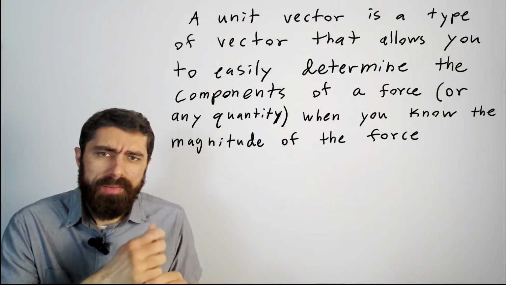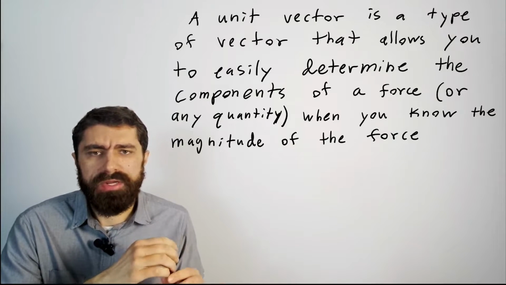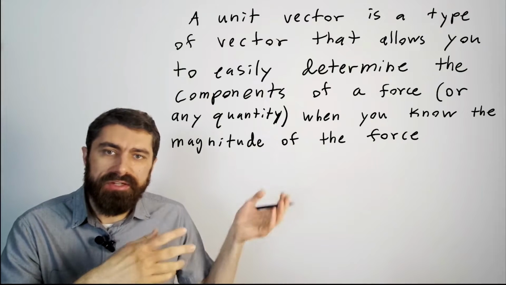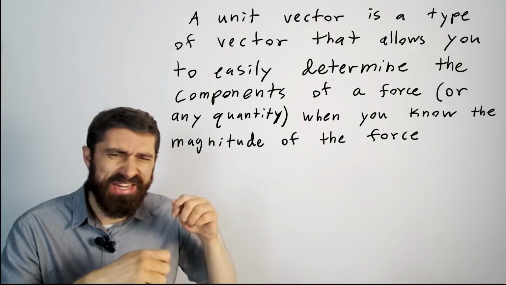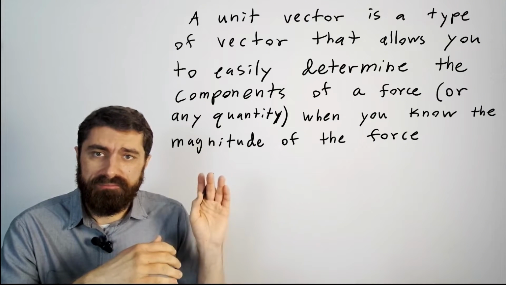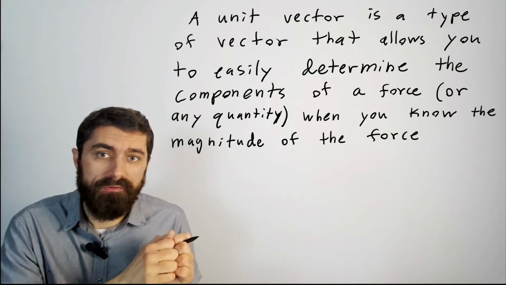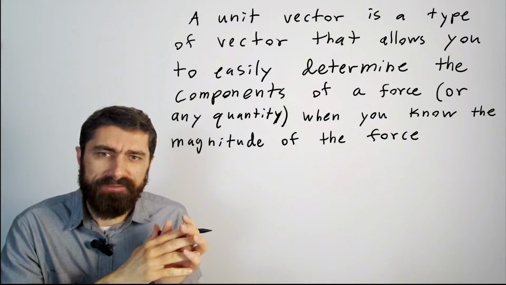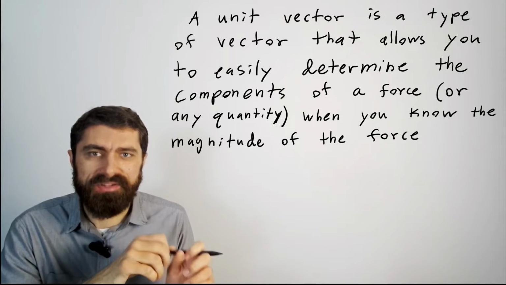So remember in the previous problem, we had to calculate the magnitude of the force, and then we had to do a bunch of trigonometry and looking at angles and things like that in order to determine the x and y components of our vectors. Well, we don't actually have to go through all of that mess.